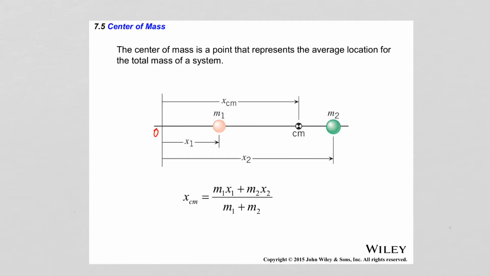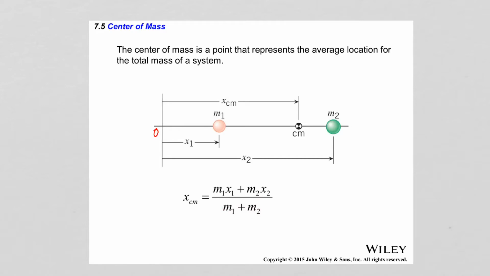So then I can calculate the center of mass of this system by taking the sum of products of mass and position for each particle and dividing that sum by the total mass of the system. So this gives me the position of the center of mass with respect to the origin here. So the position of the center of mass is equal to the mass of the first particle times the position of the first particle plus the mass of the second particle times the position of the second particle, divided by the sum of the masses of the two particles.